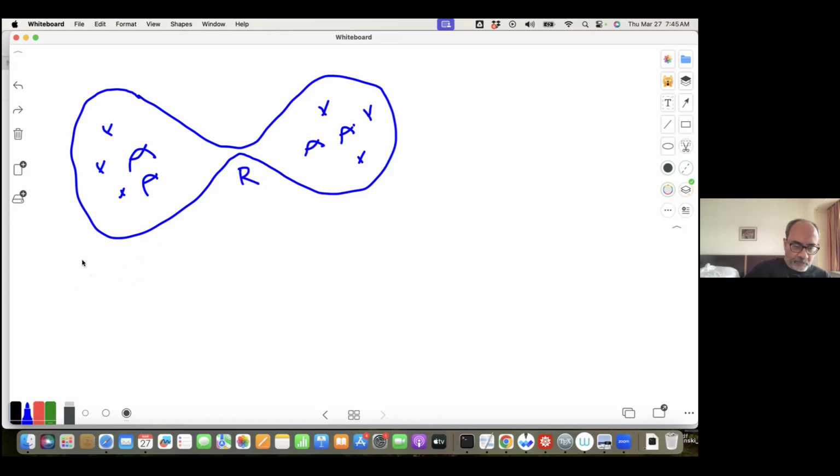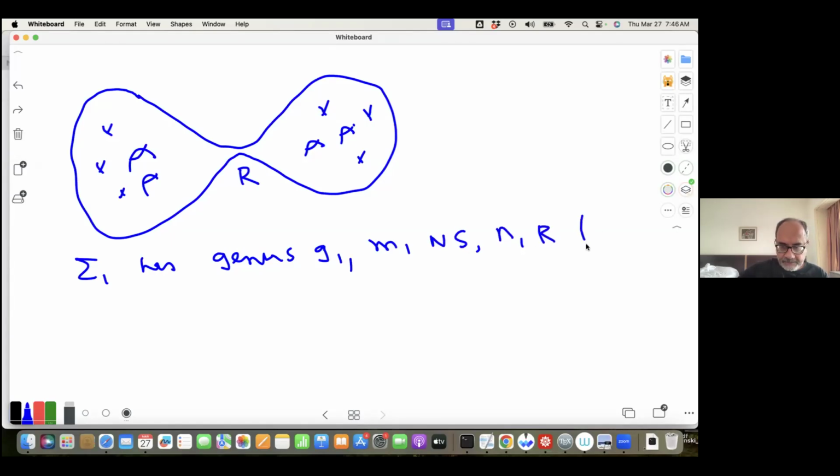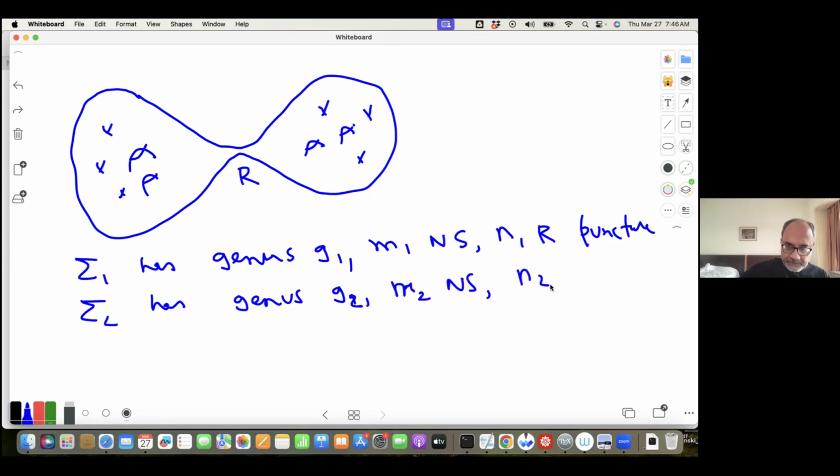And again, suppose sigma 1 has genus G1, M1 NS, N1 R punctures. And sigma 2 has genus G2, M2 NS, and N2 R punctures.